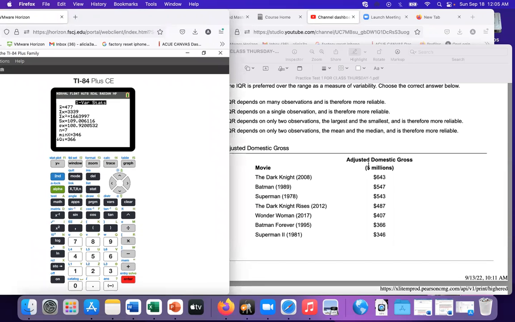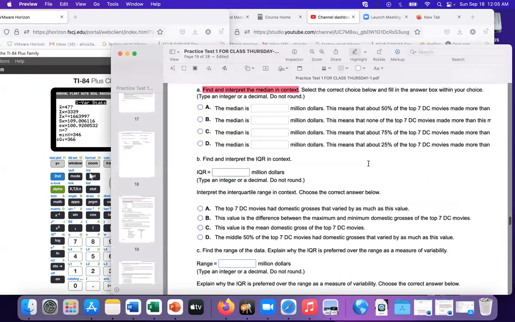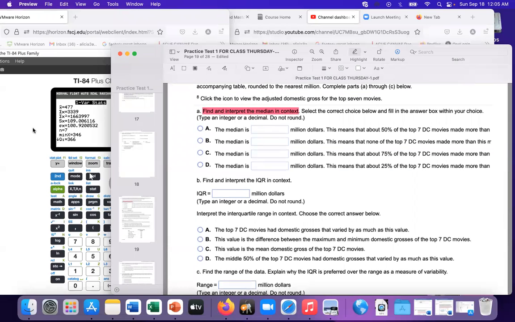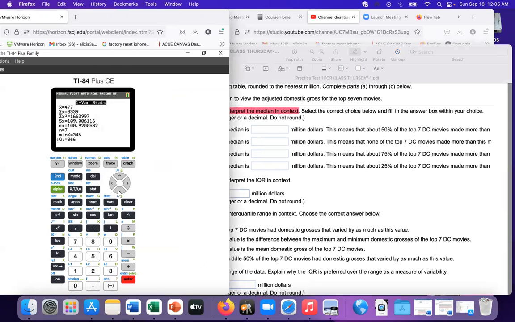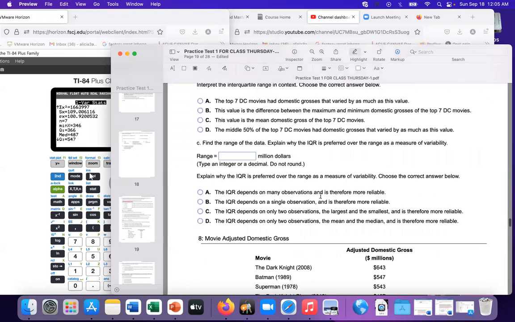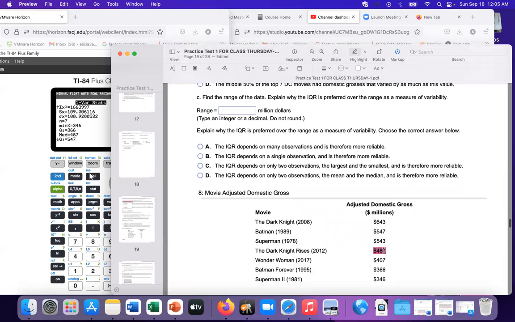Anyway, I have been asked to find the median. What is the median? The median is 487. If we look here, that was the center value.